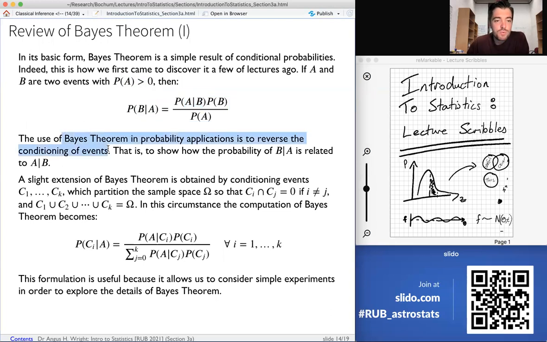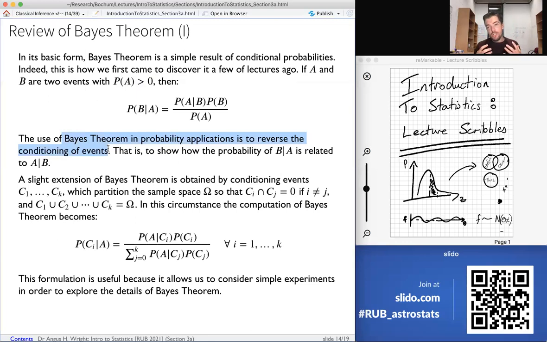Bayes' theorem is the application of reversing the conditionality, to show how B given A is related to A given B.